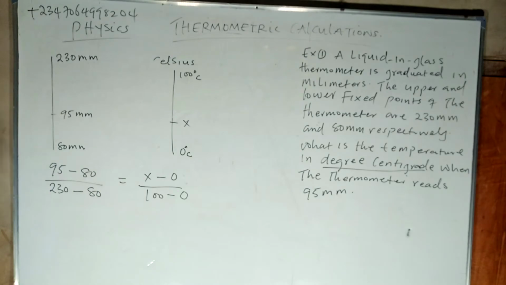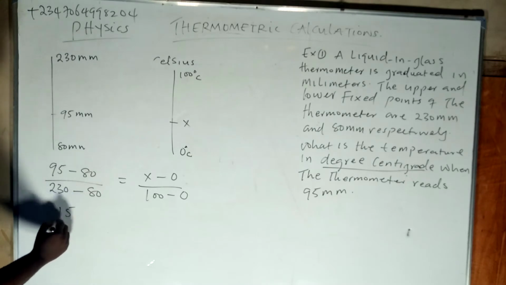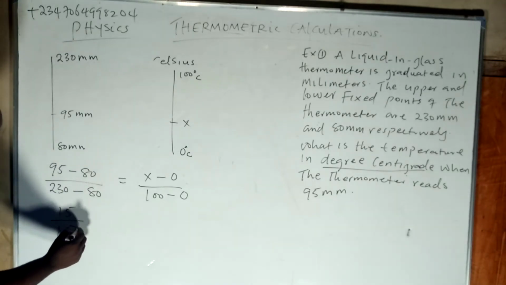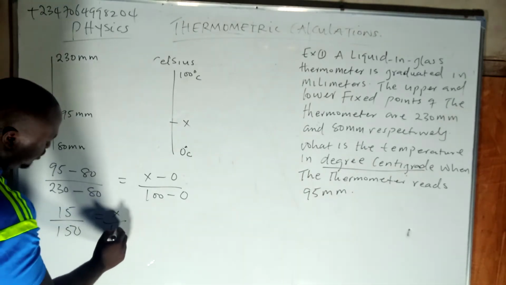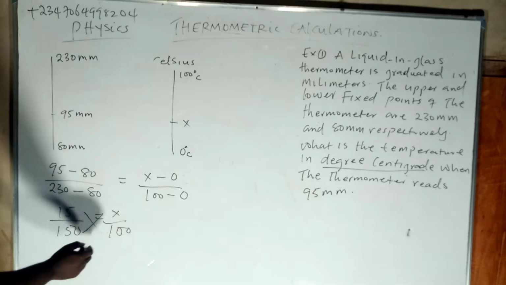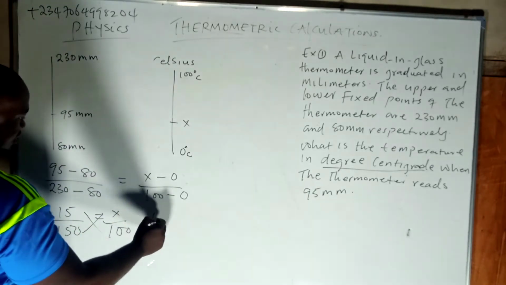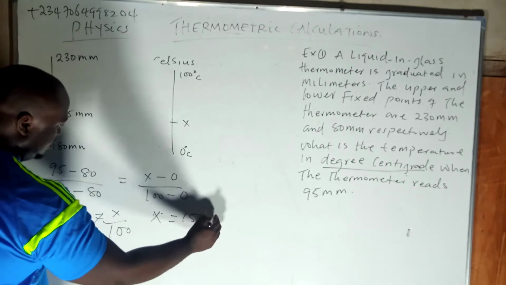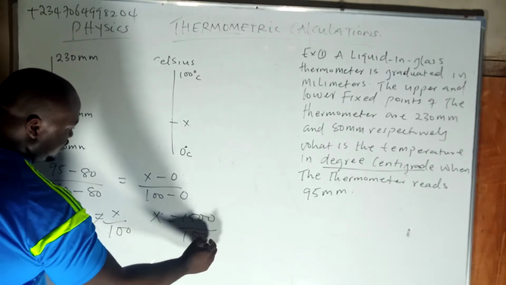So 95 minus 80, if you do it, you should get 15. So this is 15, and all over, this minus this should give you 150. It's equals to X all over 100. Now what you will do is cross multiply. If you cross multiply, you have that X is all over 150.